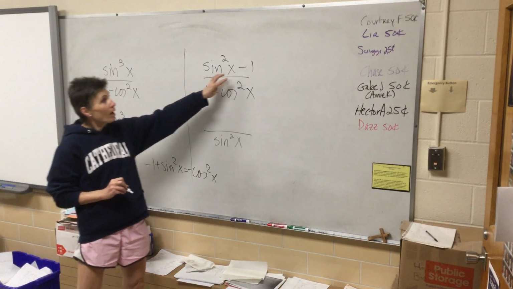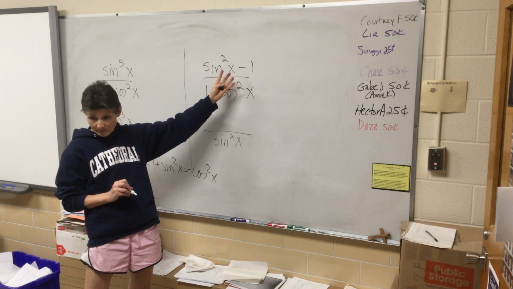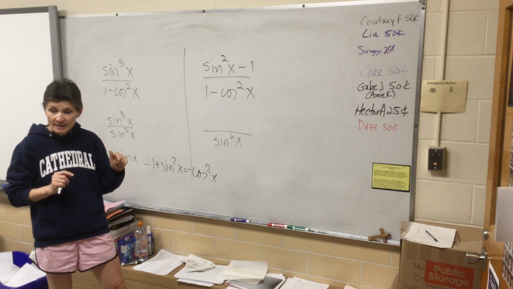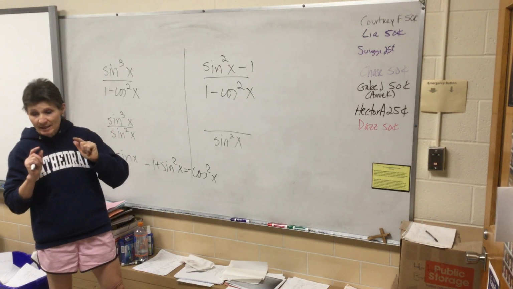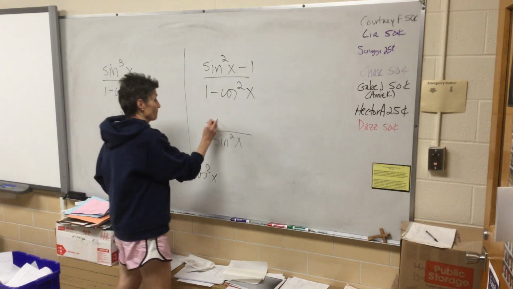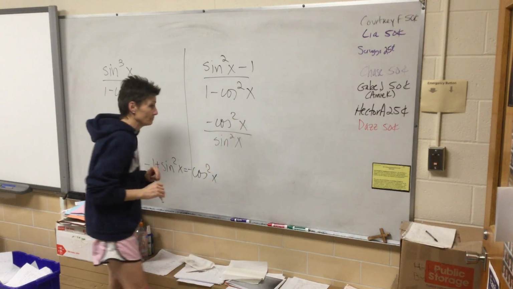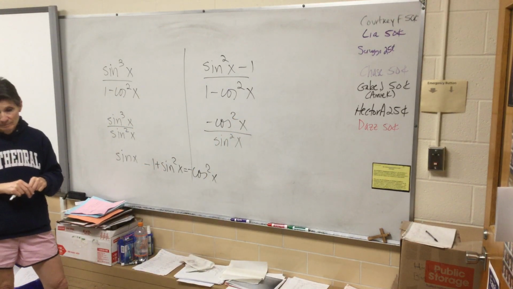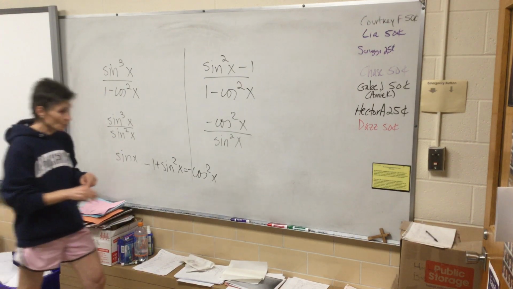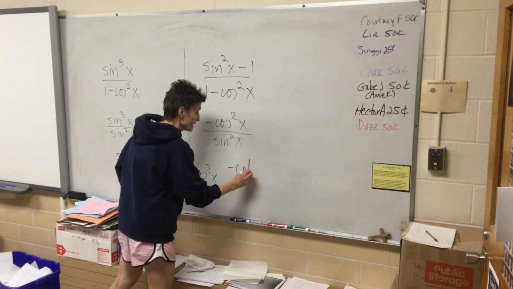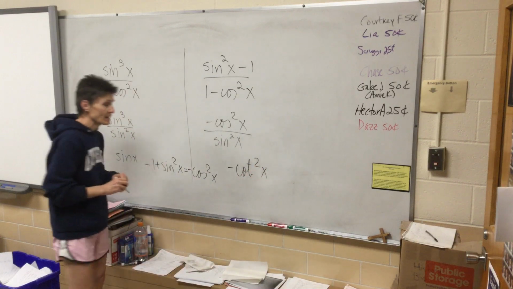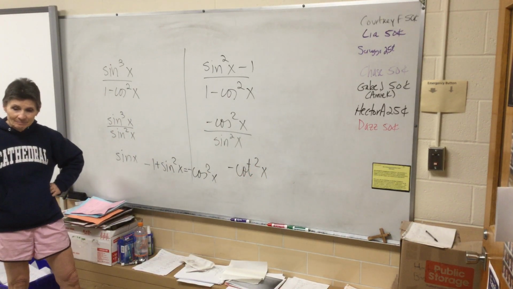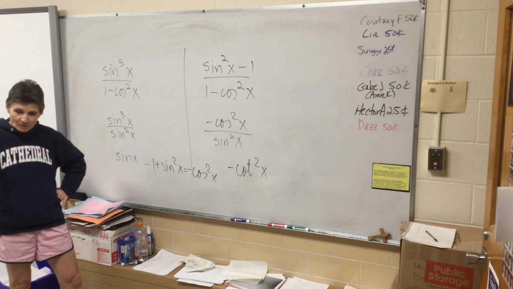So when your problem is backwards, when the 1 is on the other side, then it's not cosine squared, it's negative cosine squared. Okay. And that would end up being negative cotangent squared. Perfect. Negative cotangent squared is your answer. That's exactly right.